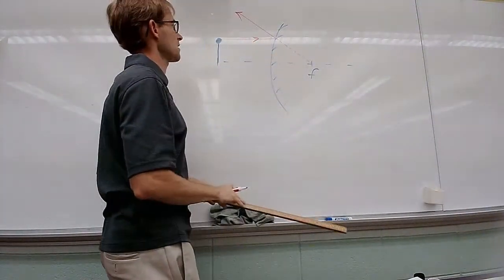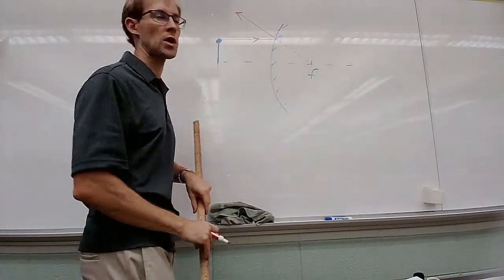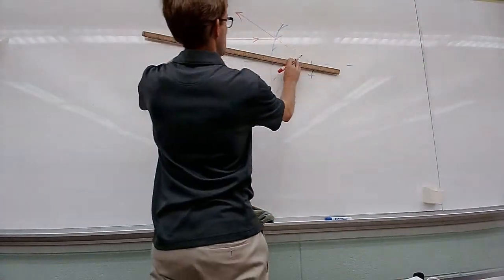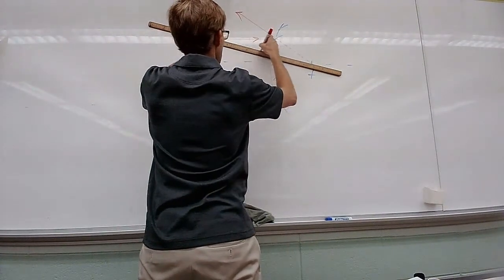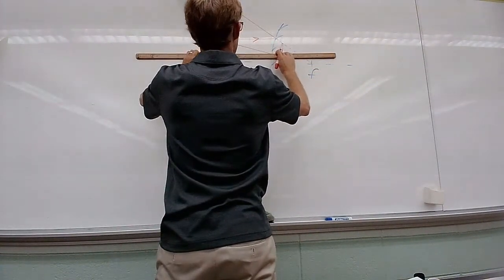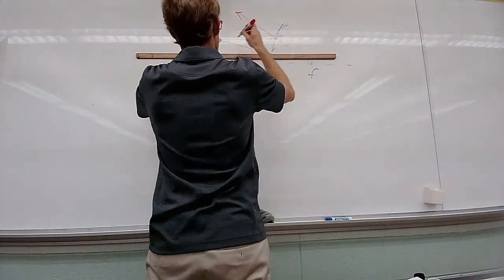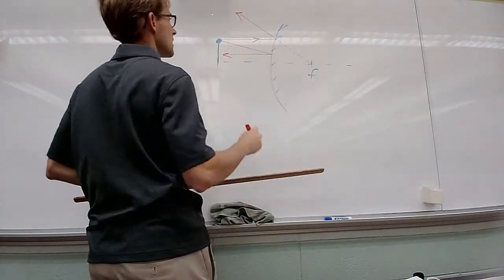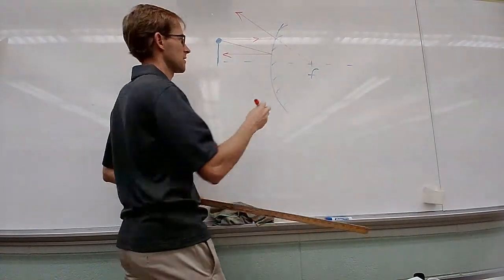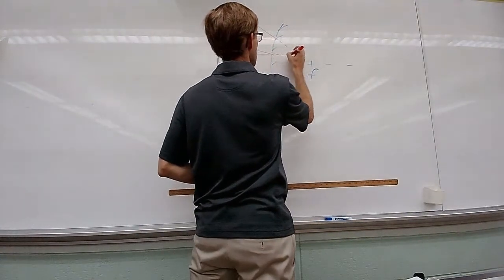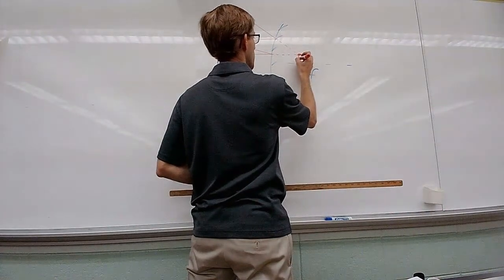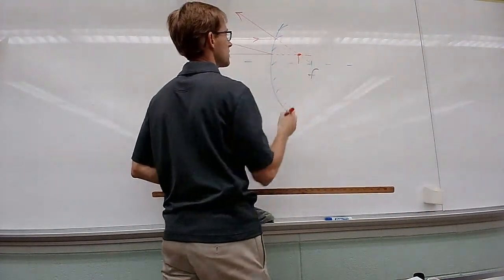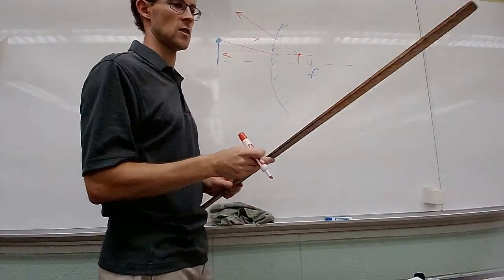And then the next light ray we send towards the focal point so that it bounces off and comes out parallel. Those light rays will never ever cross, so we got to follow them back till they cross. That happens here, so that's where our upright, virtual, smaller image appears.